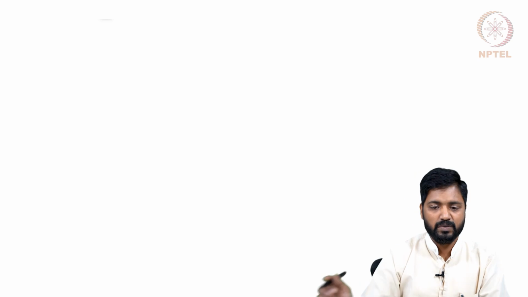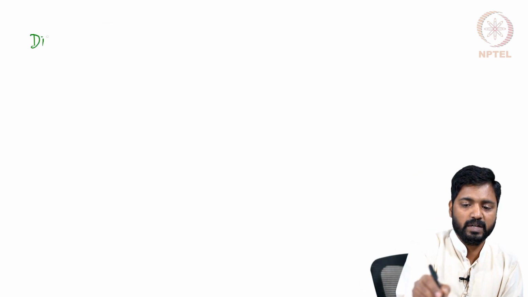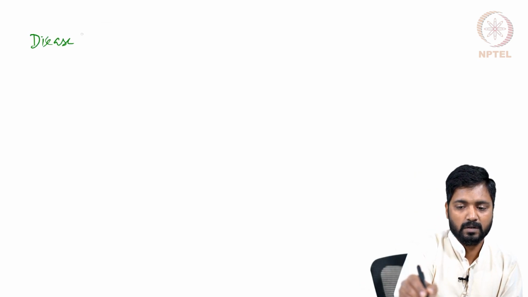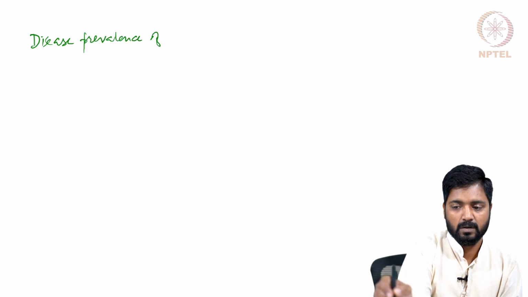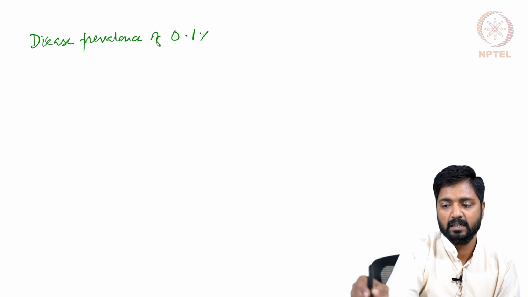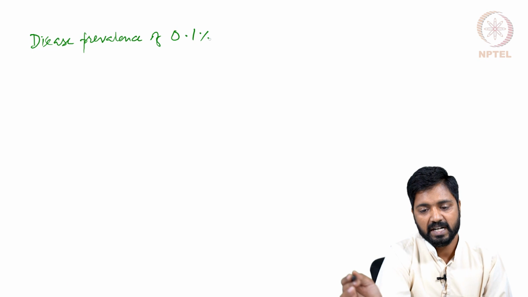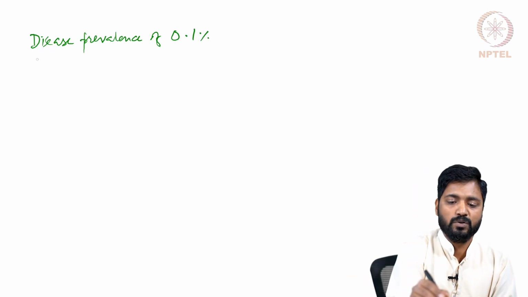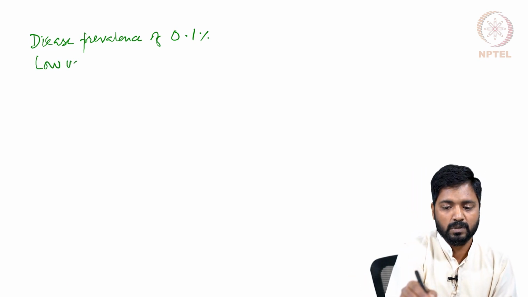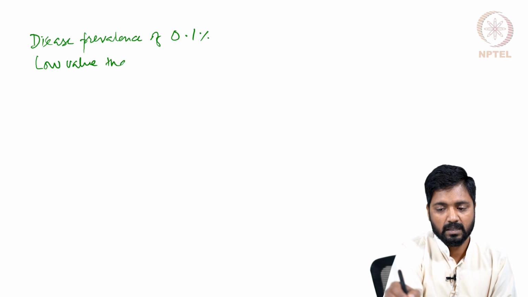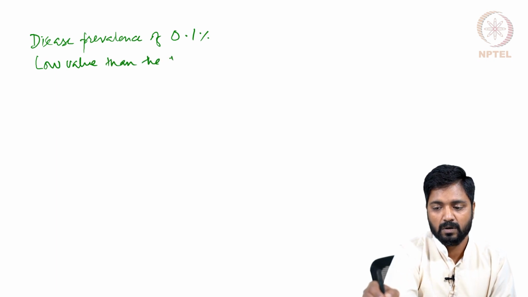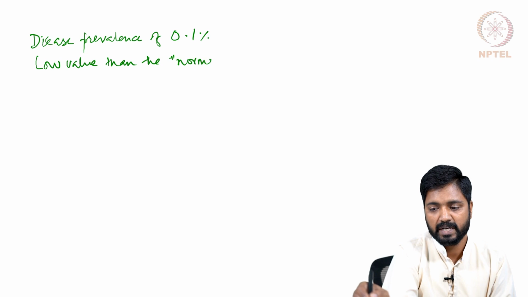So I discussed in the week 4 lecture 2 a problem where we said that a disease has a prevalence of 0.1%, and in this disease a certain analyte would come out of range or have a lower value than the normal reading or normal range.